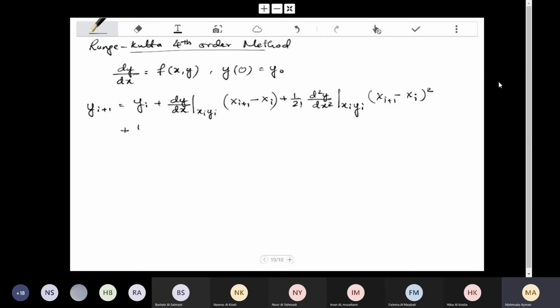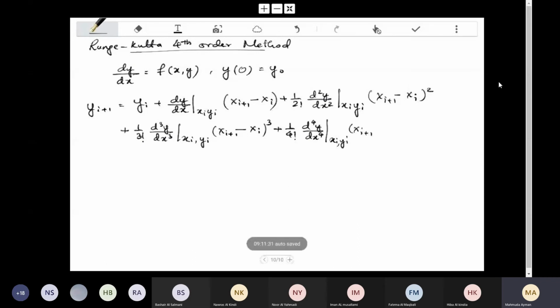And then we have plus 1 over 3 factorial d cubed y divided by dx cubed at xi, yi, times xi plus 1 minus xi cubed, plus 1 over 4 factorial d to the power 4 y over dx to the power 4 at xi, yi, times xi plus 1 minus xi to the power 4, plus order of xi plus 1 minus xi to the power 5.